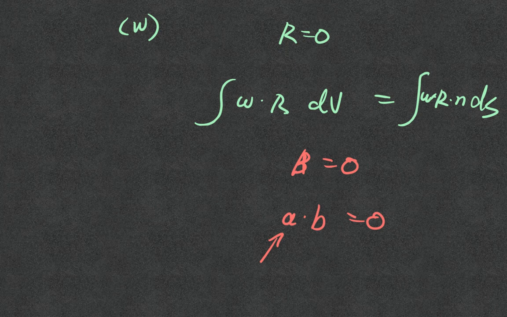What would make A dot B equal to 0? They need to be orthogonal to each other, right? So there's a very important concept in changing from the strong form to the weak form. With the weak form, I'm trying to say that my statement corresponds to being orthogonal to the test space, that's all. Do you understand the conceptual difference?